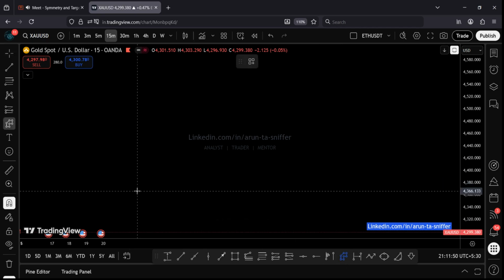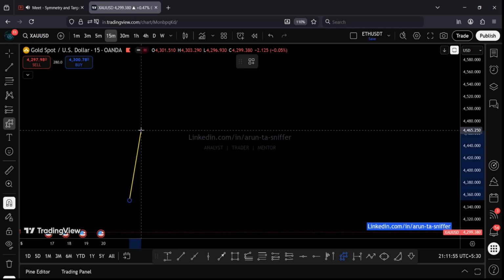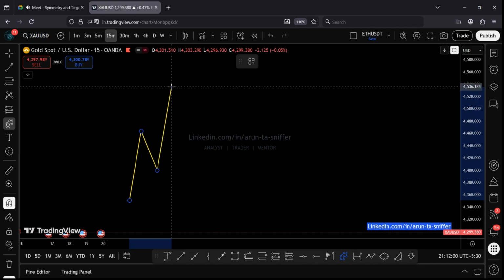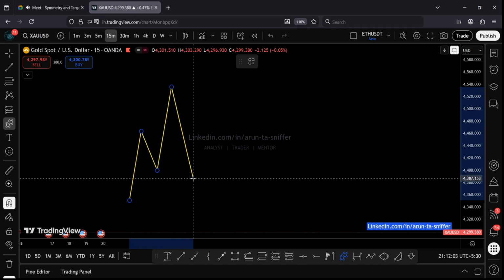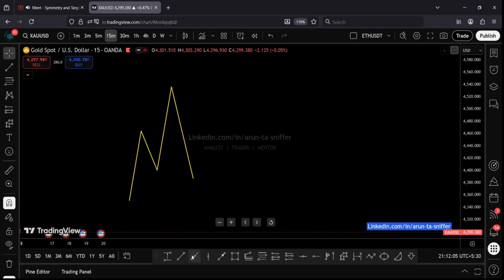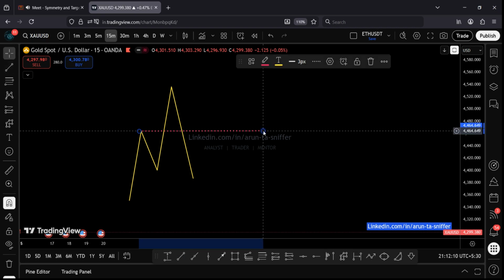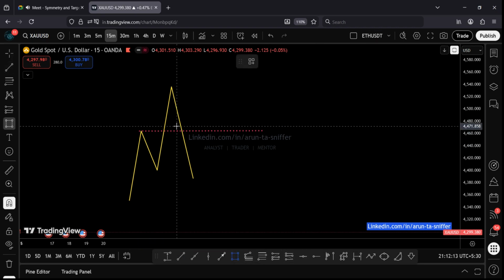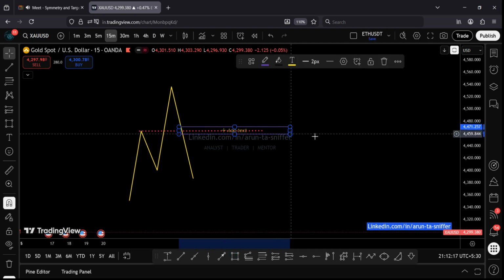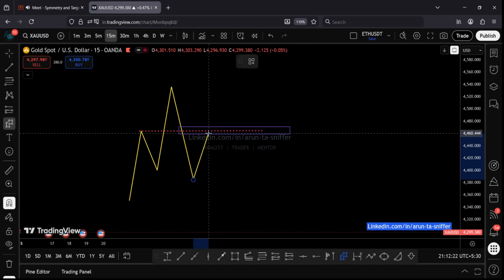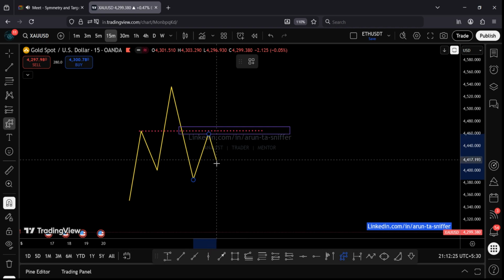And today we'll discuss symmetry and targets. So you guys have already seen this structure: high, low, higher high, lower low. And when price goes back to this LSK, like this, price goes up, then comes down.